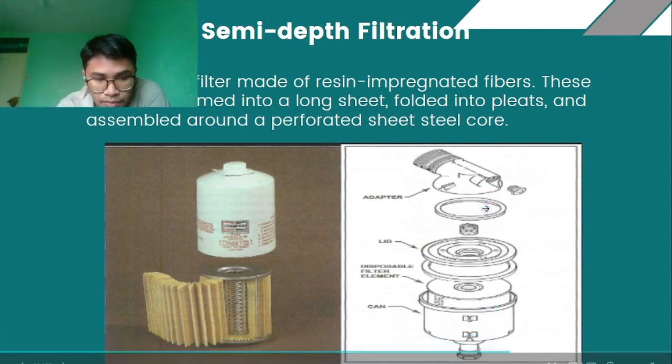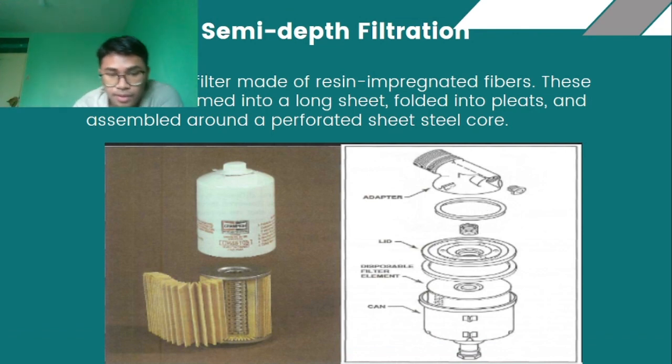So, this type of filtration typically involves the use of a filter element that consists of a porous material such as cellulose or synthetic fibers with a specific pore size rating. In semi-depth filtration, the filter element is designed to capture both large and small particles by combining the mechanical and adsorptive filtration mechanism.